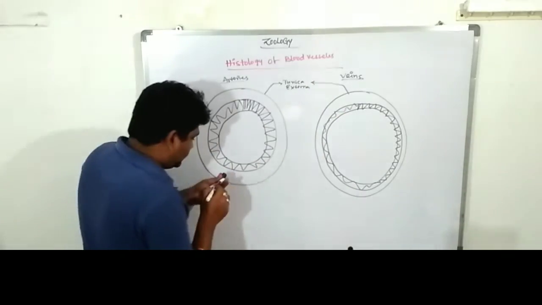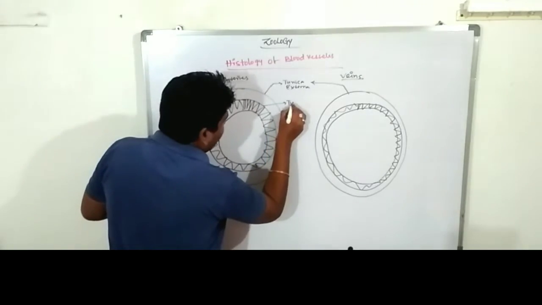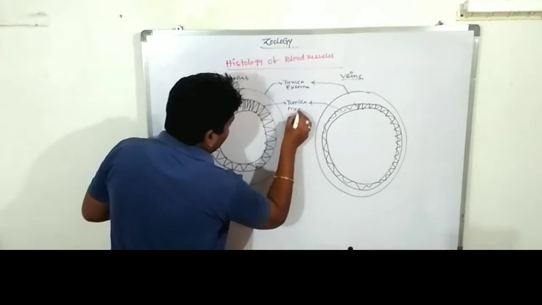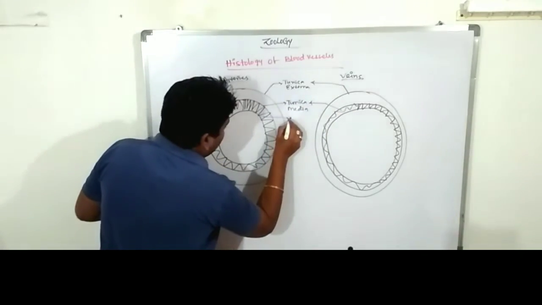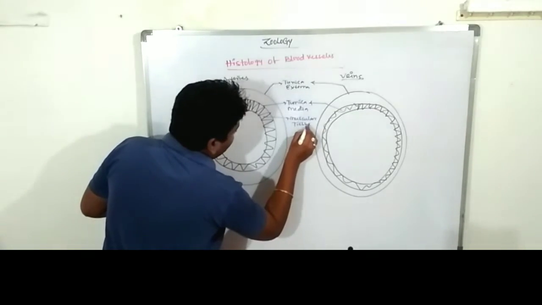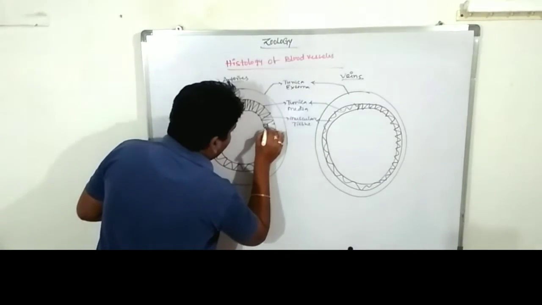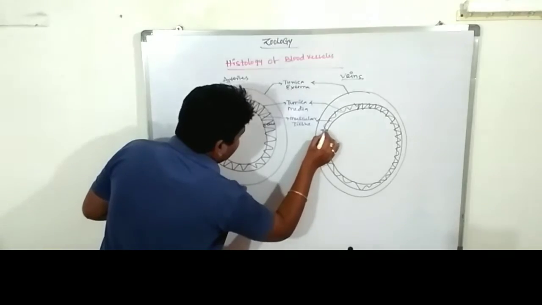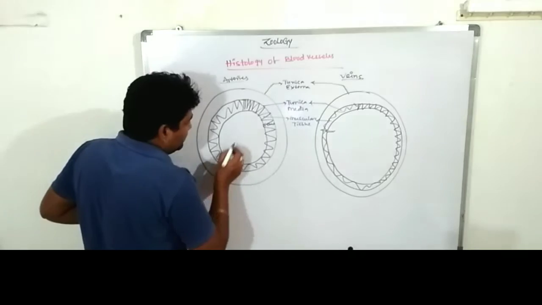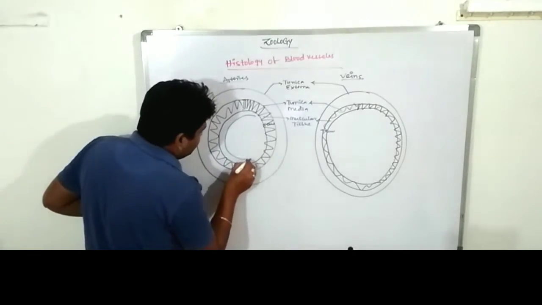So the second layer is known as the tunica media. Tunica media. The tunica media is made up of muscular tissue. Are you clear? The innermost layer of the blood vessel is known as the tunica interna.